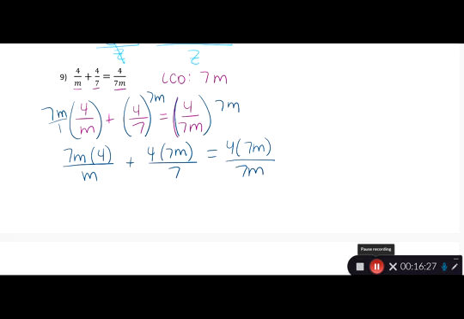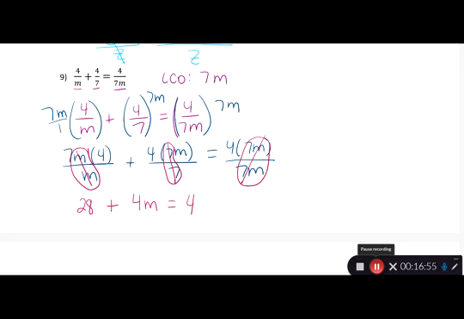Now remember, anything over itself is equal to 1. So I have an m over m that's going to cancel out, and I'm just left with 7 times 4, which is 28, plus here I have a 7 over 7 that's going to cancel out, so I'm left with 4 times m, equals 7m over 7m cancels, so 4, right?